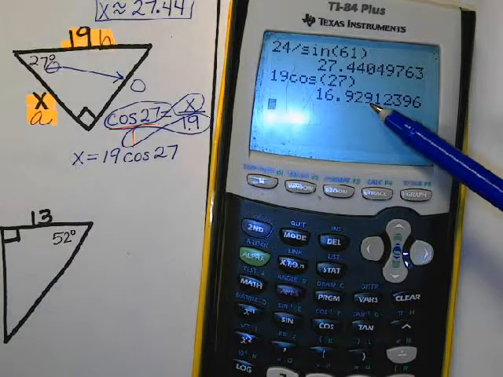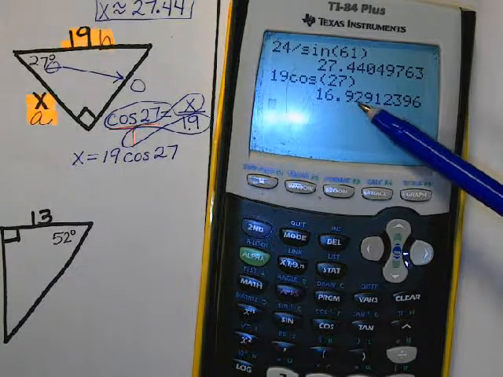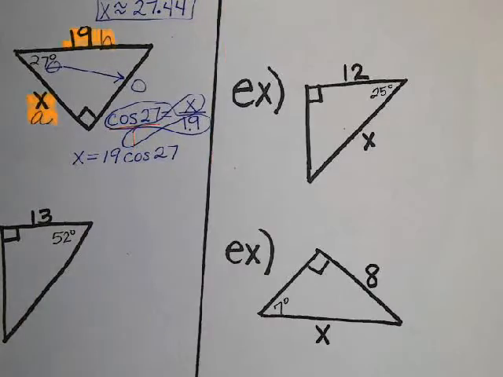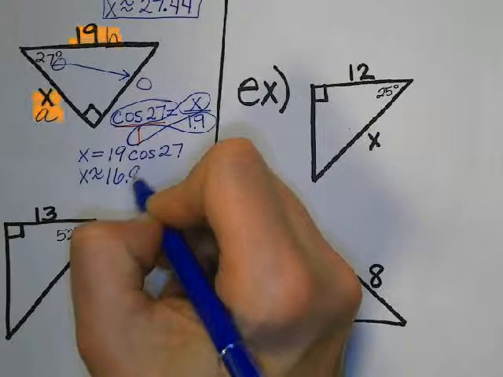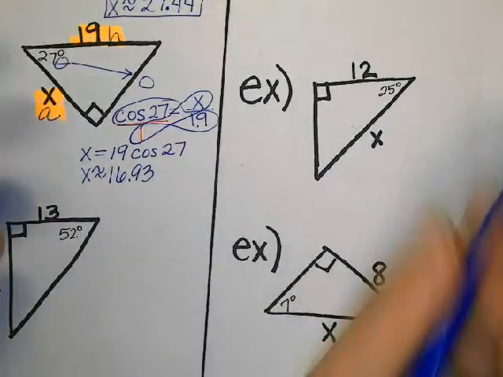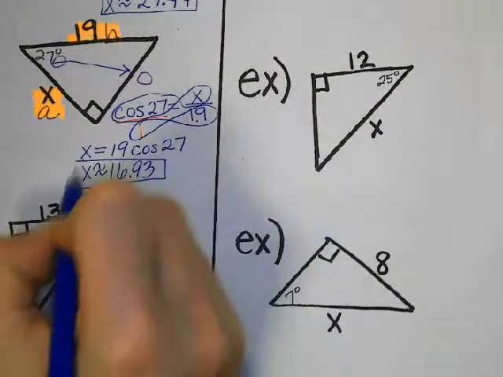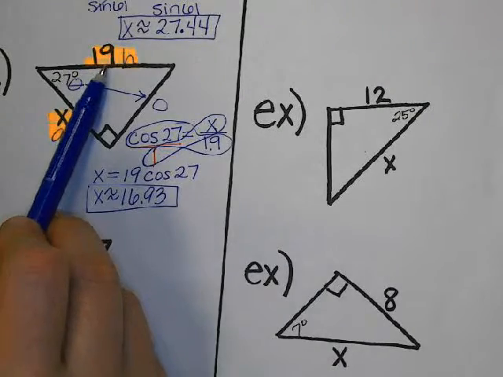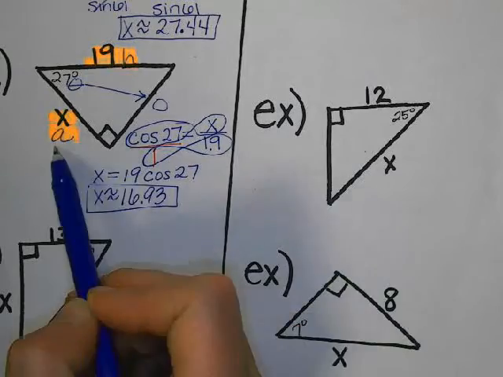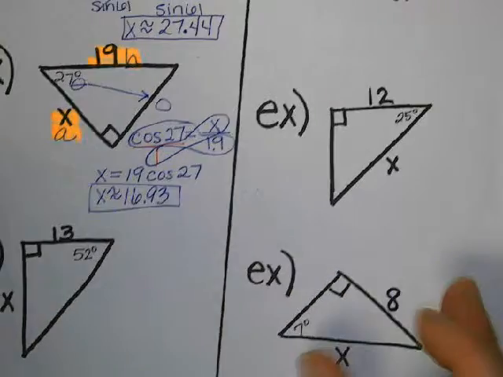The number right after the 2 is a 9, so that means this actually turns into a 3. So we say x is about 16.93. Remember, that is solving for our side length, so 16 makes sense because I have a 19 here. I shouldn't get 169, that wouldn't make any sense.